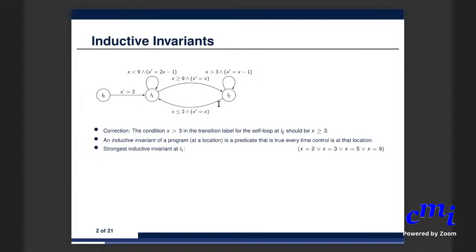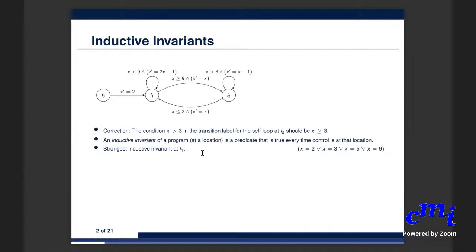Now, this transition from L2 to L1 doesn't add any new value, because when x is less than or equal to 2, you are just keeping that value, and that would be 2 anyway. So 2 is already included, because you get this only when x is less than or equal to 2, and x equal to 2 is already included in here.